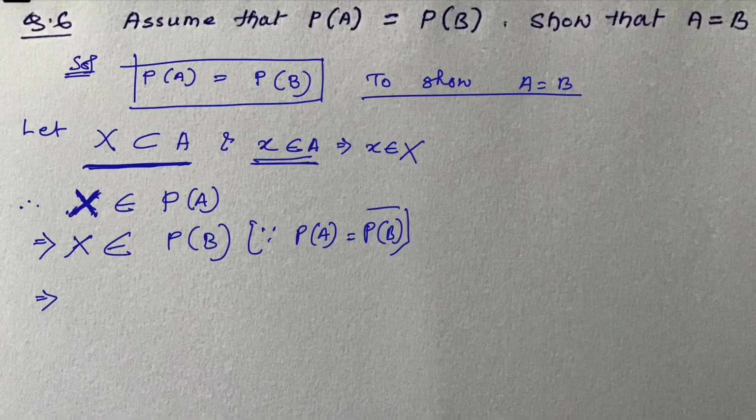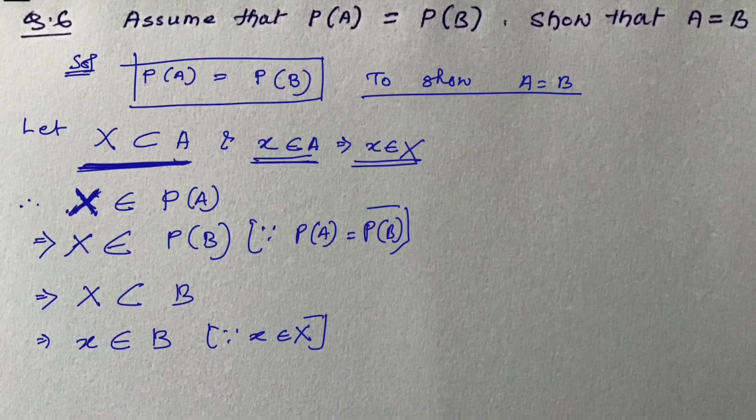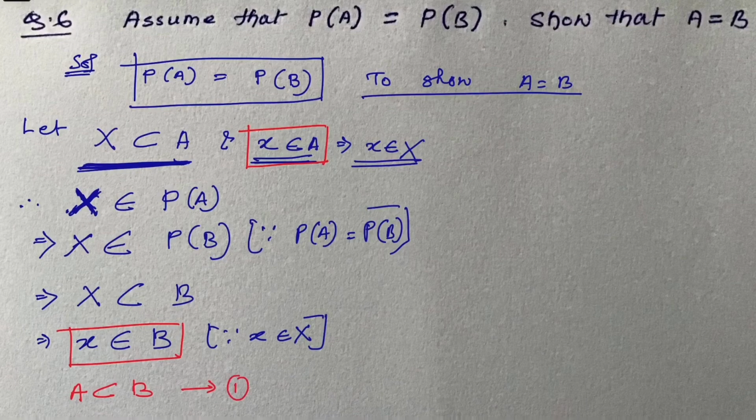Okay, so now here you see, if capital X belongs to power set of B, that means capital X is a subset of set B. Okay, if capital X is a subset of B, then we can say small x must be an element of B, that belongs to B, since small x belongs to capital X. So here we have already got that small x belongs to capital X. So now you see, for small x belongs to A, we have got small x belongs to B. That's why A must be a subset of B. This is suppose equation number 1.